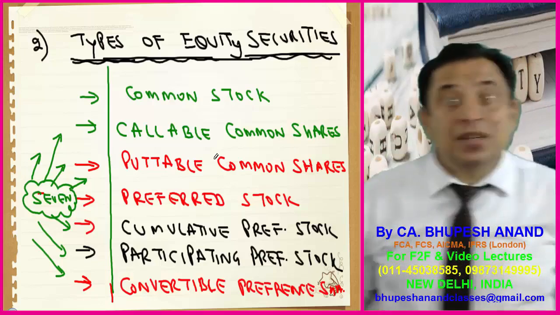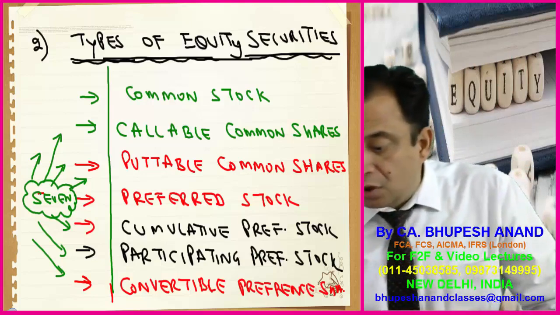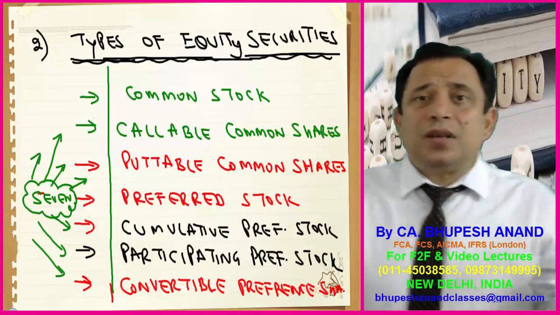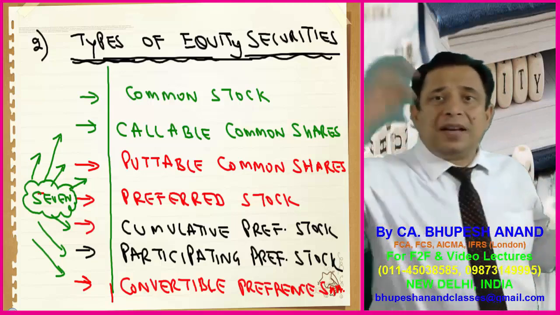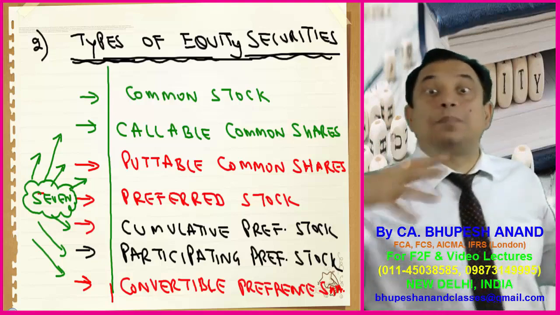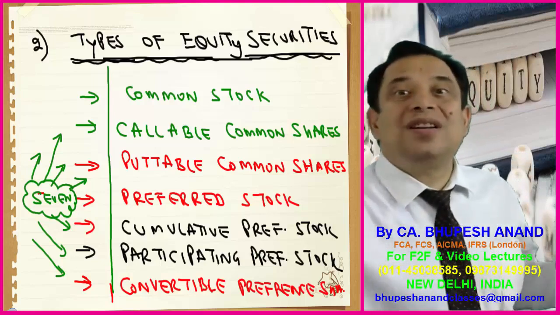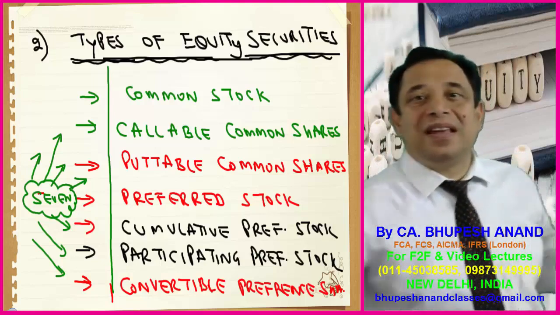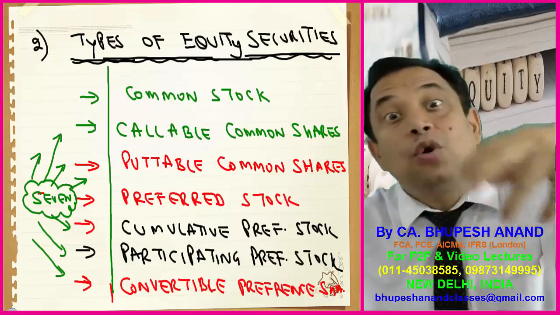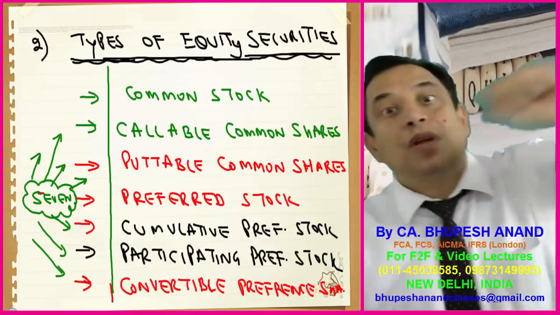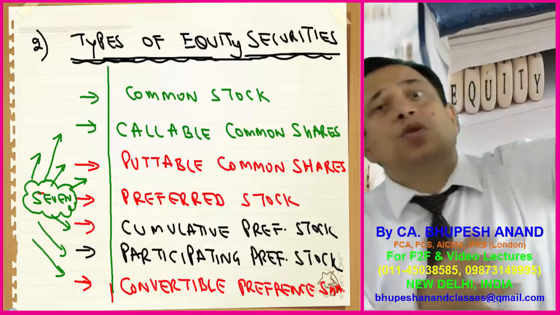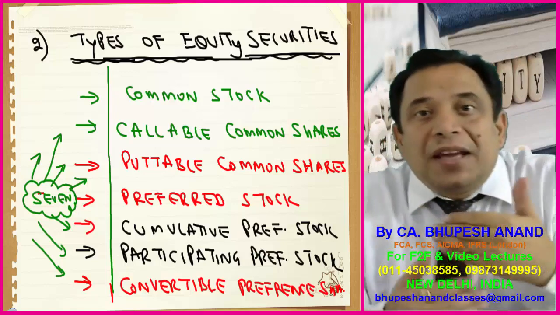Now, can you tell me what the meaning of a common share is? It is nothing but just like an equity share. In the USA we say it is a common stock, but in India we generally name it equity shares. Those shareholders who are the part owners of the company have the residuary claim, because if the company goes into liquidation, we first have to pay the outsiders, and only after paying all the outsiders do we pay common stock.